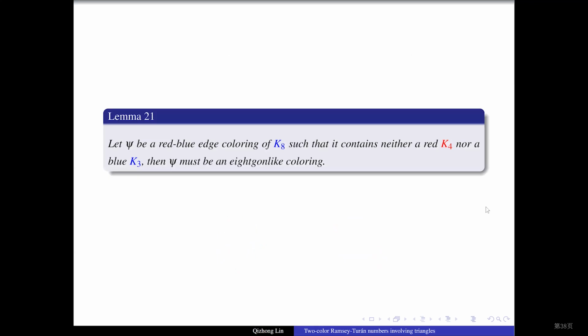We also have the following simple lemma. Here simple means that the proof is direct. If the coloring is a red-blue edge coloring of K8 containing neither a red K4 nor a blue K3, then it must be an Erdős-like coloring.